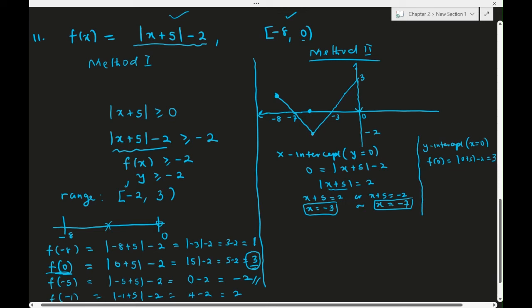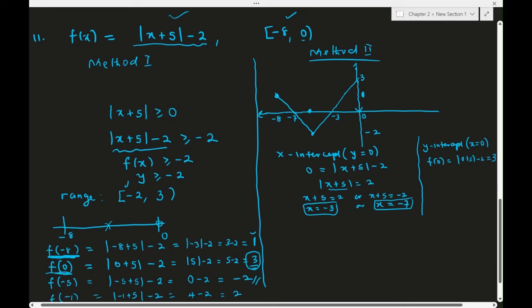Now, what is the corresponding value of y, of f of minus 8? Earlier, when we were using this method, we already found f of minus 8, and f of minus 8 is 1. So the value of y at this point is going to be 1.